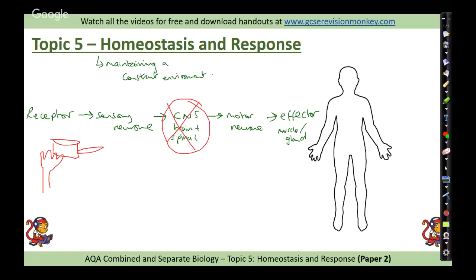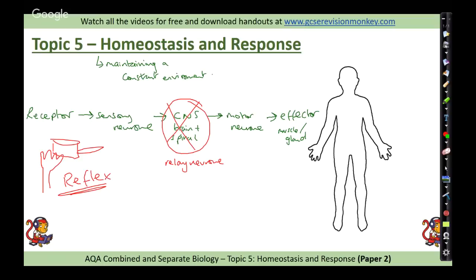And rather than having a central nervous system, it would have a relay neuron in place of that, because this is an example of a reflex response when you're acting really quickly to get away from the danger. So in a reflex response, it is the relay neuron that is involved.